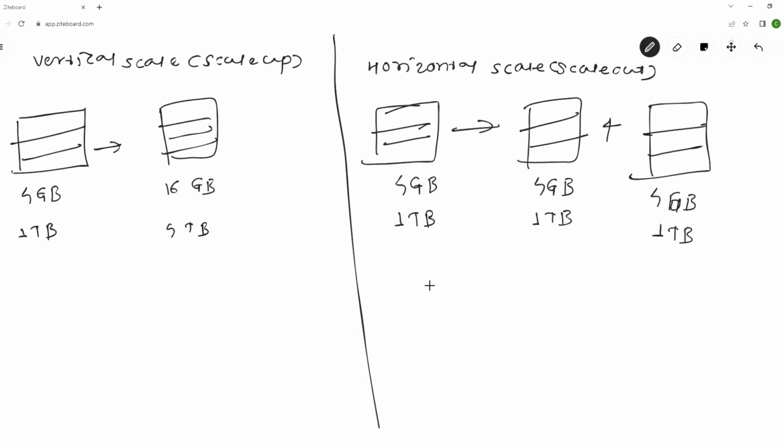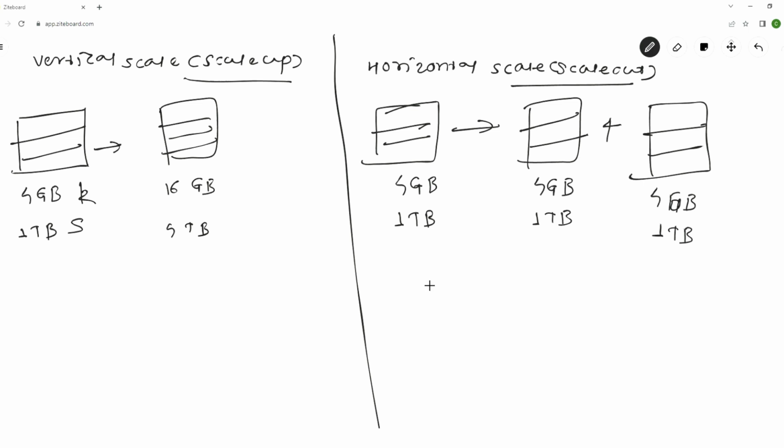Okay, so as you can see, on the left side is the vertical scale, also known as scale up, and on the right side is the horizontal scale, also known as scale out. So let's consider what the vertical scale is. In the vertical scale, we are simply increasing the resources or the configuration of that server, that is, increasing the RAM or the storage.